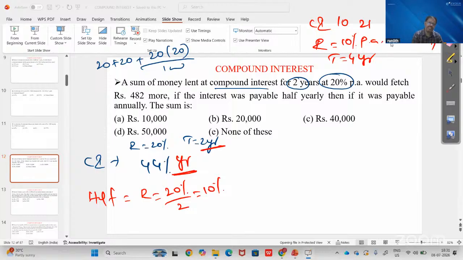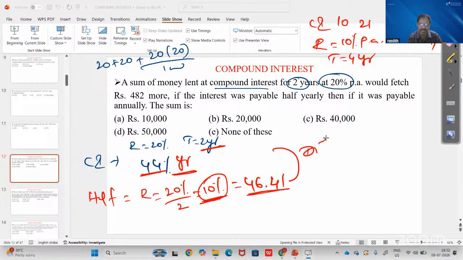So the total interest after 2 years, finding half-yearly at 10%, will be 46.41. The difference between these two values will be equal to 482 rupees.